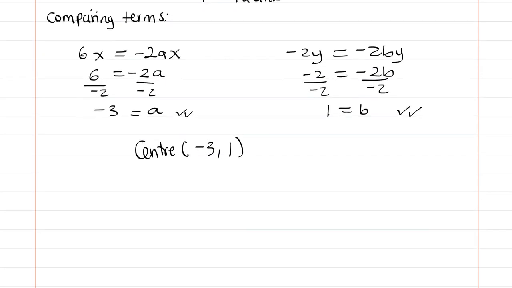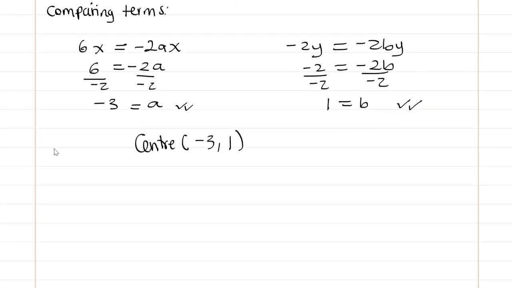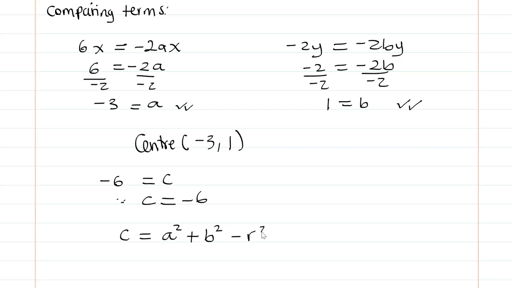So also, still from the concept of comparing terms, we have seen that negative 6 corresponds to C, or C is negative 6. But remember, we say that C is a sum of constants, and we say that C equals A squared plus B squared minus R squared.